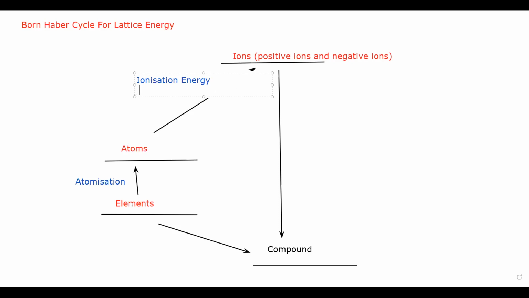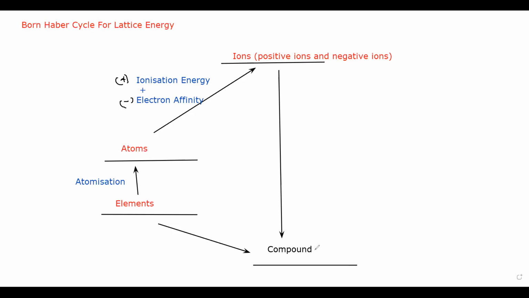When a negative ion is formed, the electron is added, so we call that electron affinity. So when atoms are forming ions, if it is forming a positive ion, it will be ionization. If it is forming a negative ion, we call that electron affinity.